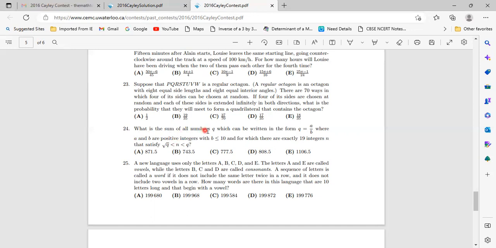Sum of all the numbers q. Then q is in the form of a upon b, and b should be less than or equal to 10. And there are only going to be 19 integers which satisfy this condition.